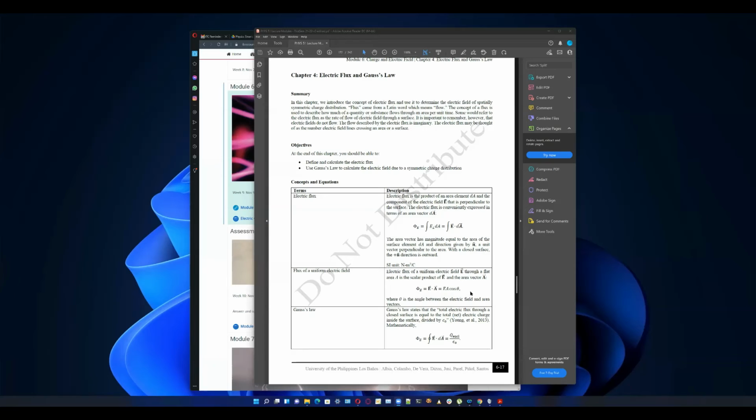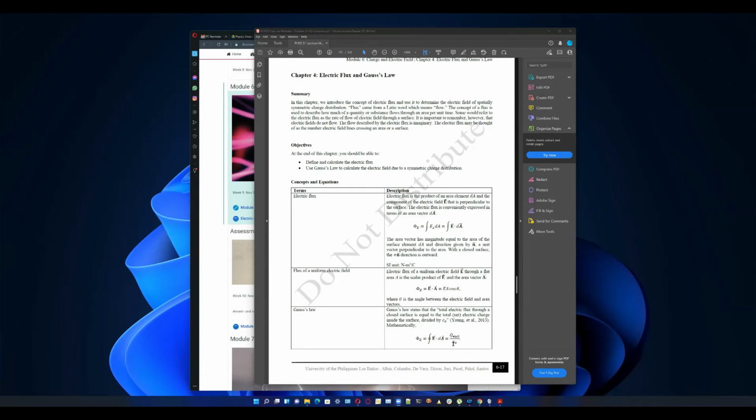But then Gauss extended that, because the flux is the number of electric field lines passing through a certain area that is perpendicular. When he made his surface, he showed that the flux would just be the total charge enclosed by the surface you're using divided by epsilon sub 0. Okay?